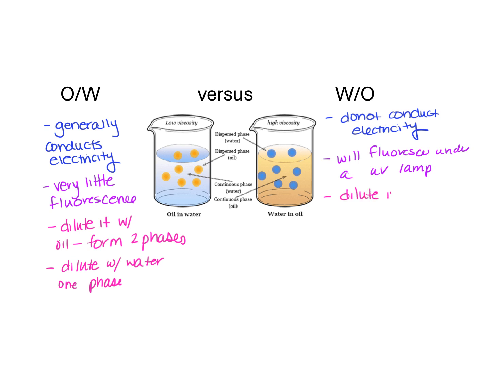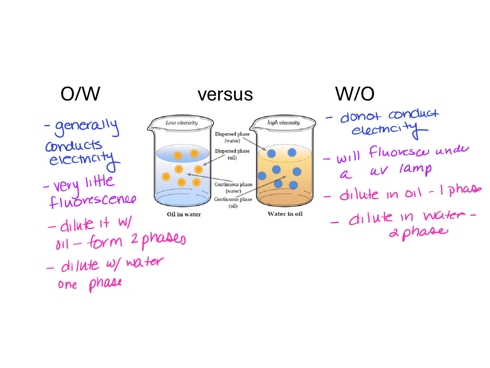If you dilute it in oil, it will stay in one phase. If you dilute it in water, it'll go into two phases. So the exact opposite will happen. These are some ways that we can test to see if we have an oil in water or a water in oil emulsion. And different lotions are different things.